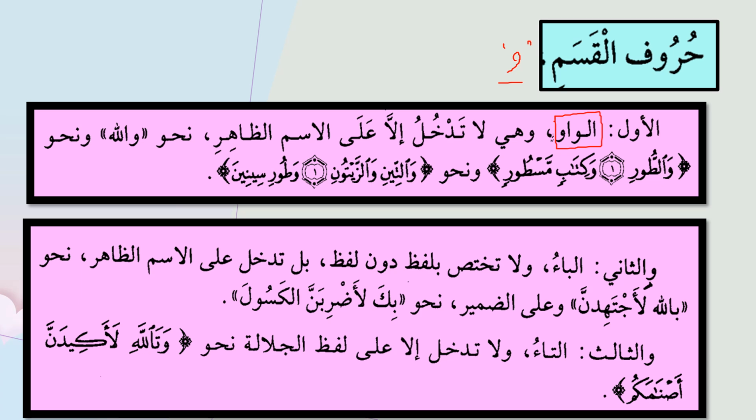Whenever it comes before a noun, ism zahir, that means the visible noun. For example, here you can see in this example, wallahi and wattur. Now this is an example from the Quran, from Surah Tur: wattur, wattin, wazzaytun.